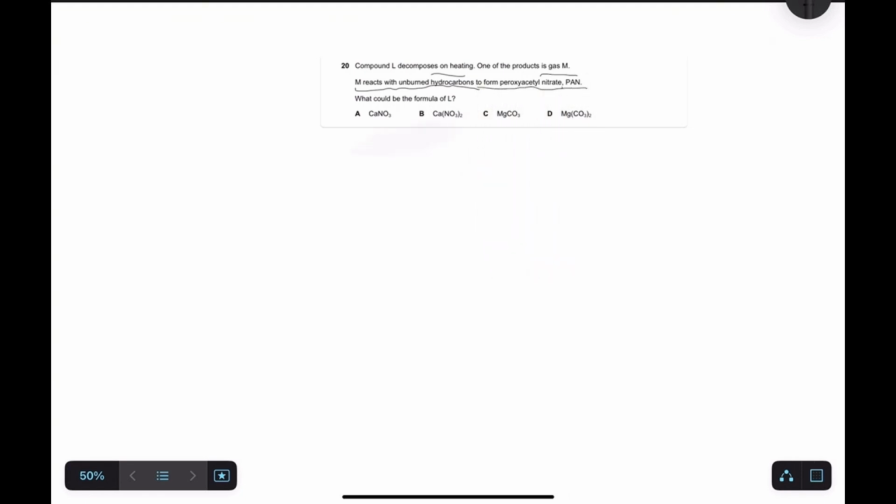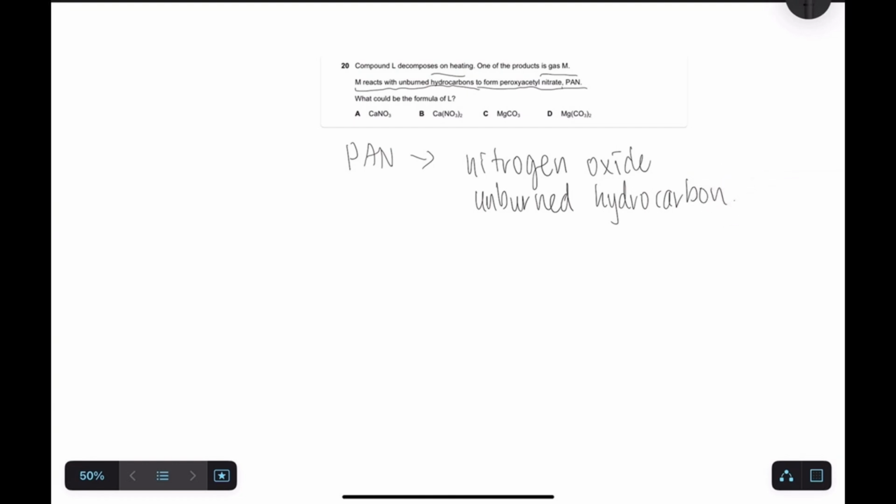So to form PAN, the two reactants should be nitrogen oxide and unburned hydrocarbon. So from this, M should be nitrogen oxide. So answers C and D are both wrong.